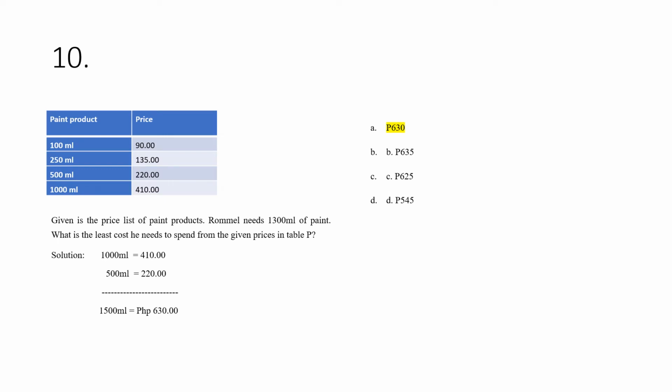For number 10, we're given the prices for each paint product, and we're supposed to find the least cost for Rommel to have 1300 ml of paint.